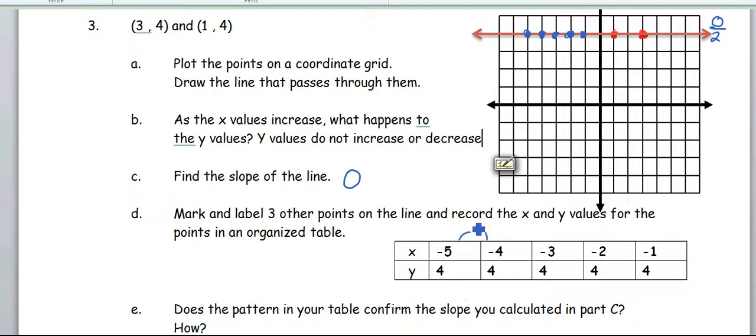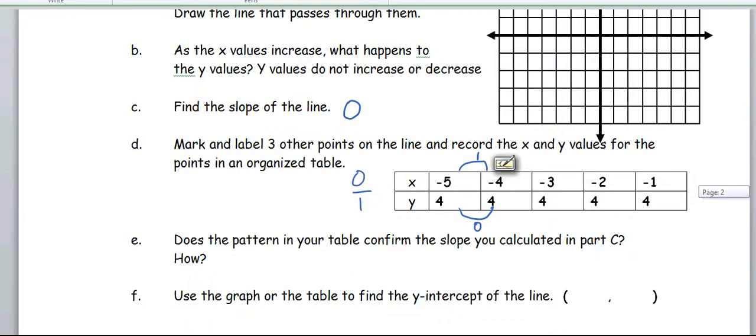I go up 1, I go to the right 1, and then 0. So I don't add or subtract anything. And then I put my y over my x, 0 over 1. That is still 0. Yes.